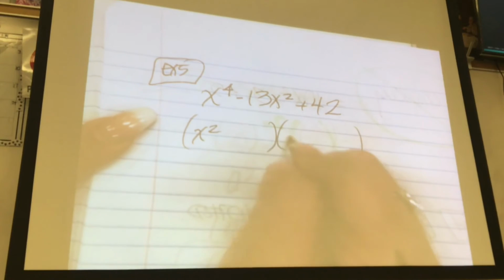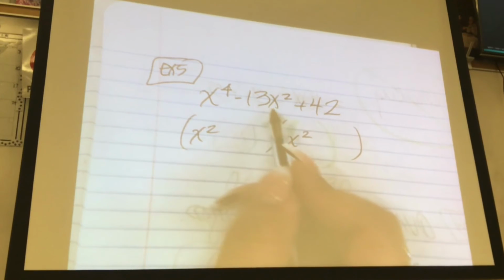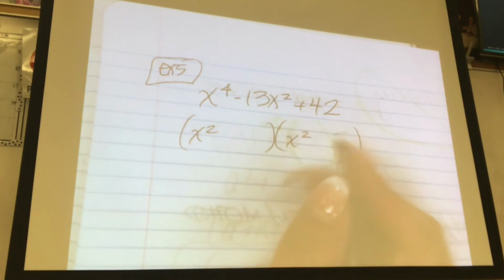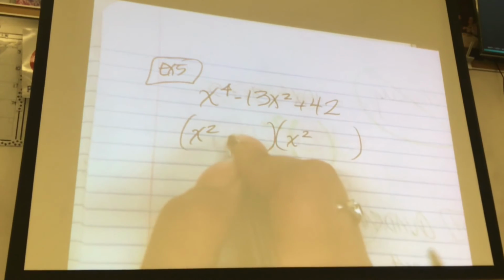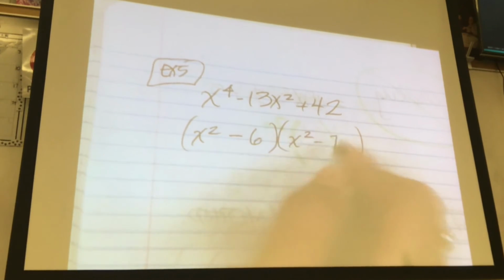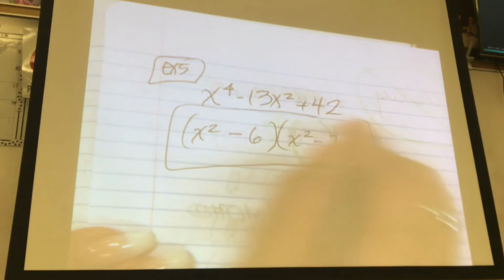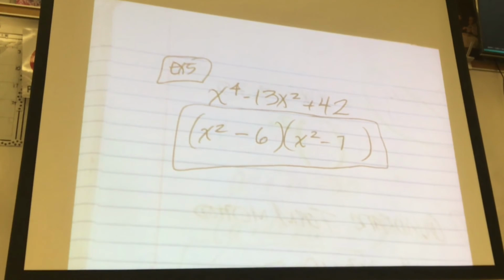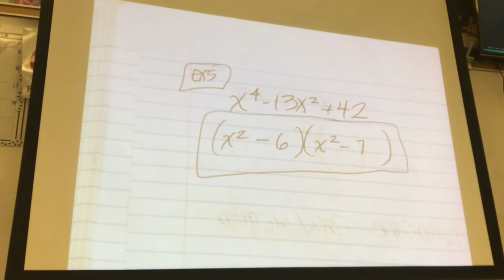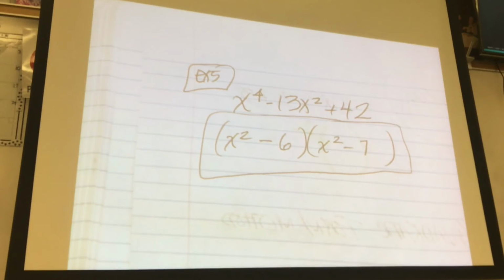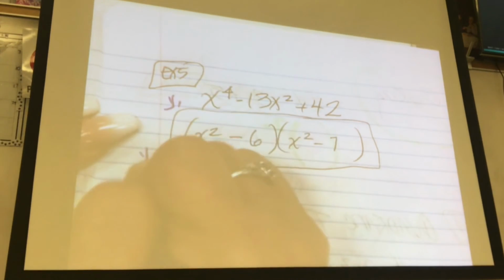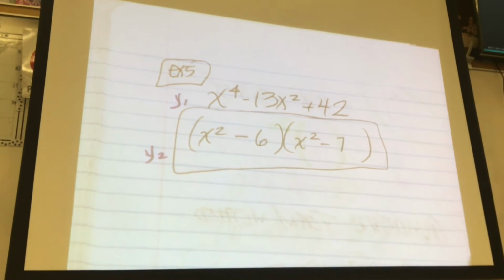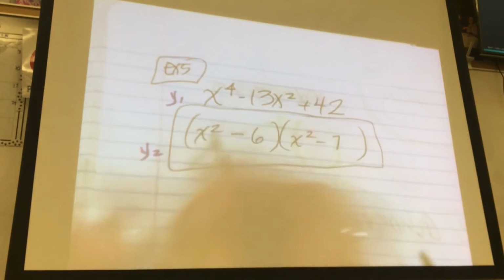X squared and x squared. Very good. What multiplies to 42 and adds to negative 13? 7 and 6. Negative 6 and negative 7. As Kyle has said about 15 times, how can you check if you're right? Plug it into your calculators. This is your y1, this is your y2, and you better get the same graph. Here's your do now.